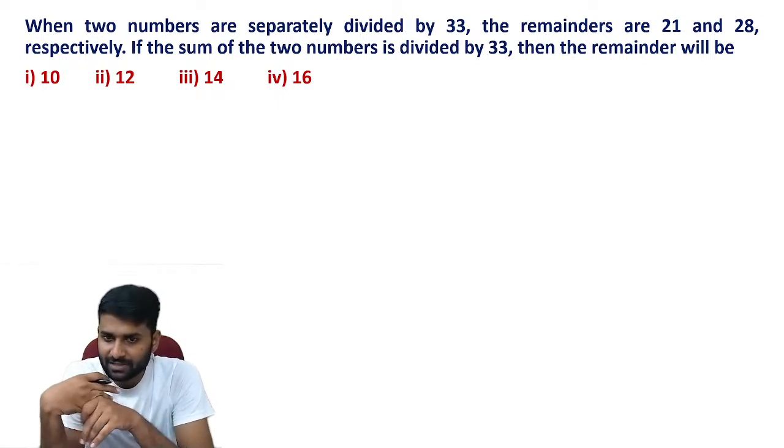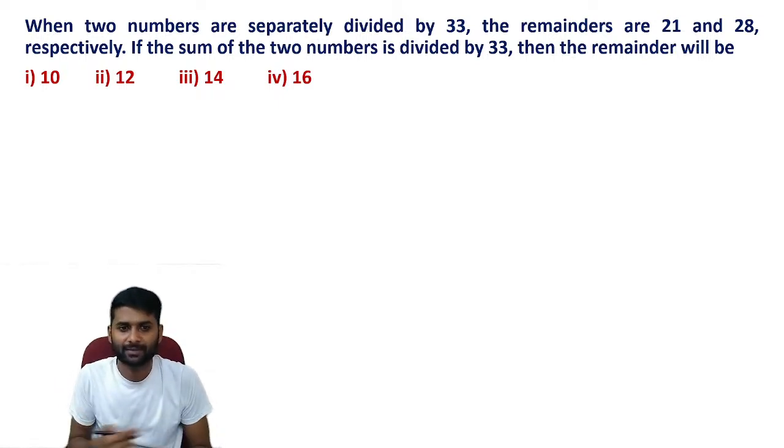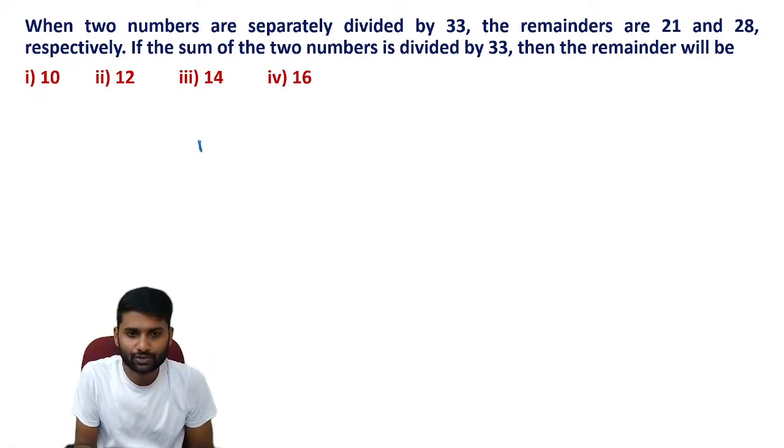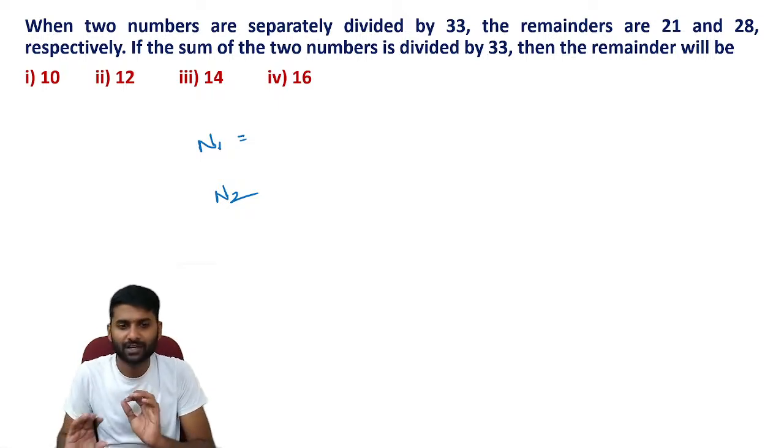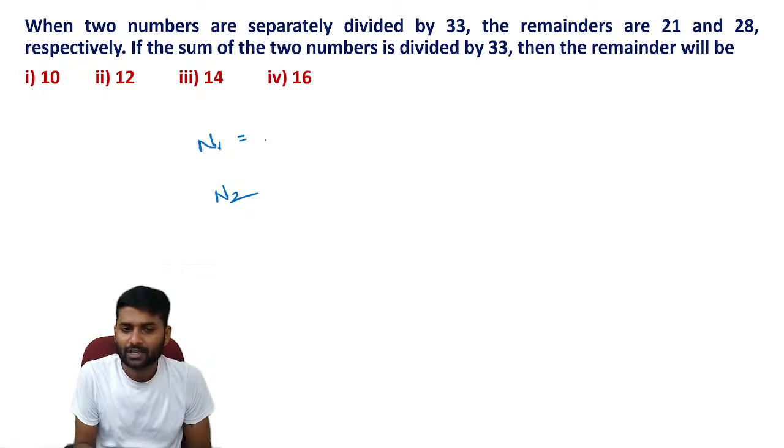If the sum of the two numbers is divided by 33, then the remainder will be? Here there are two different numbers, n1 and n2. If n1 is divided by 33, the remainder is 21, so definitely you have to consider a different quotient. Dividend is equal to divisor multiplied by quotient plus remainder.